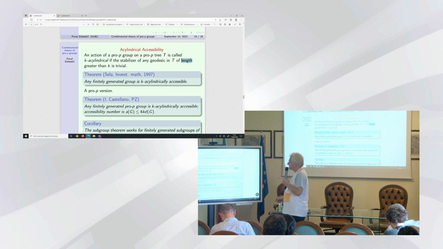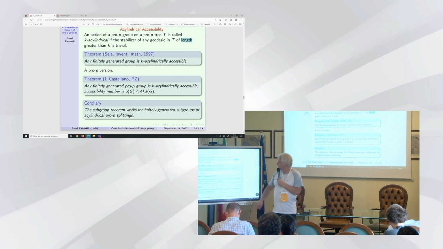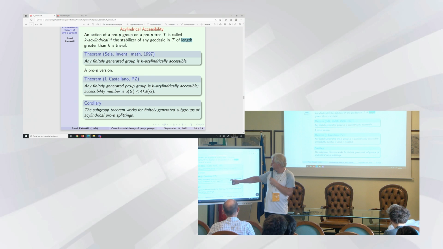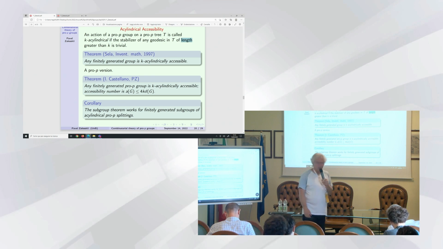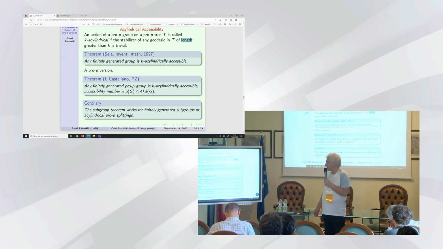So Sela proved the following: any finitely generated group is acylindrically accessible. And I want to present here the pro-p version of it, which was obtained by Ilaria Castellano jointly with the speaker. A finitely generated pro-p group is k-acylindrically accessible. Here we even gave a bound for the accessibility number A(G).